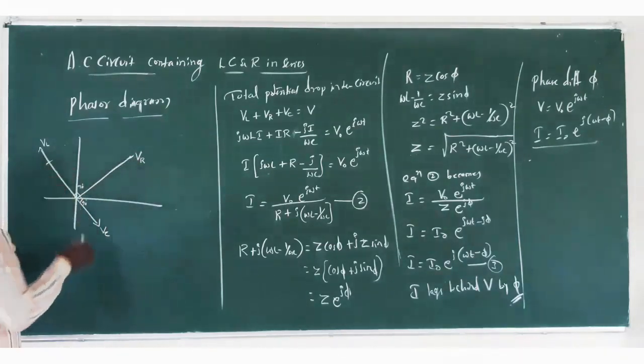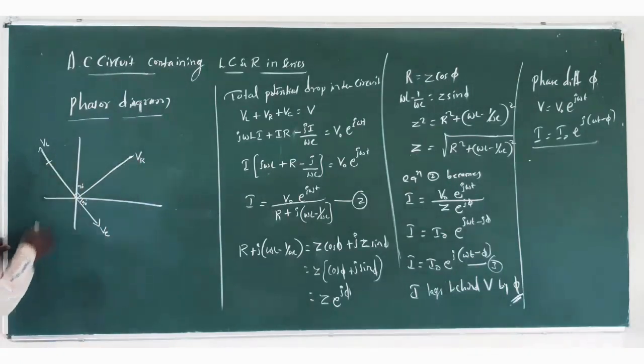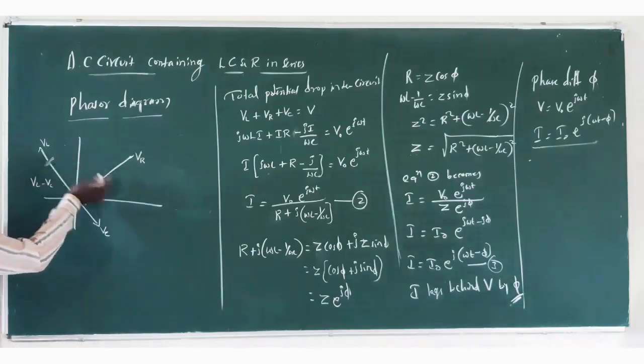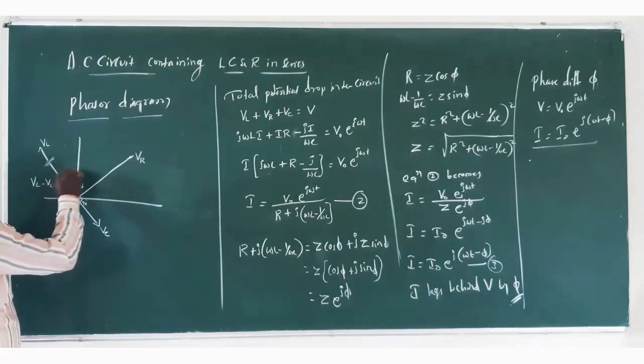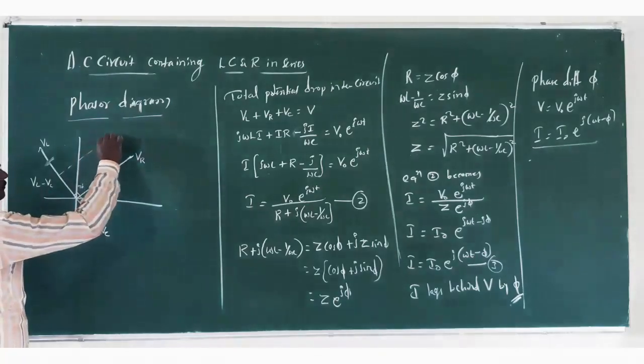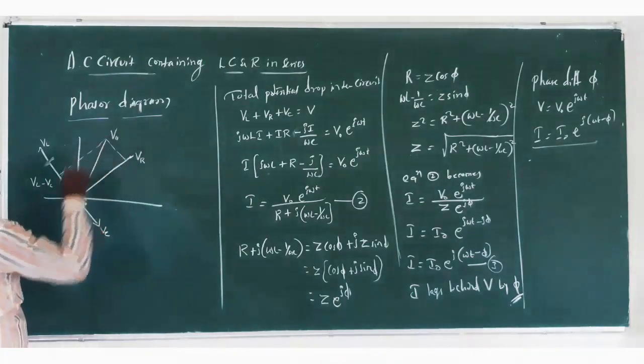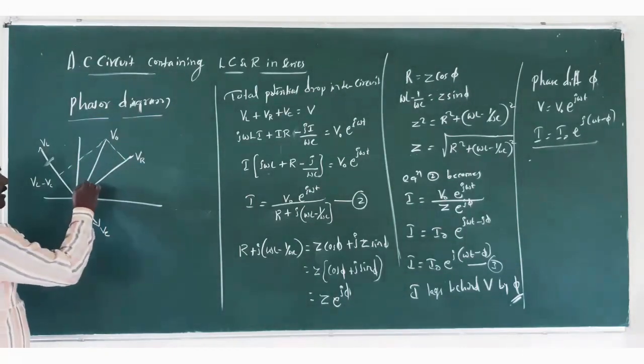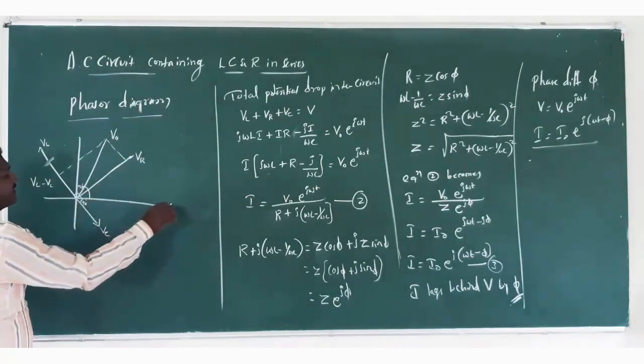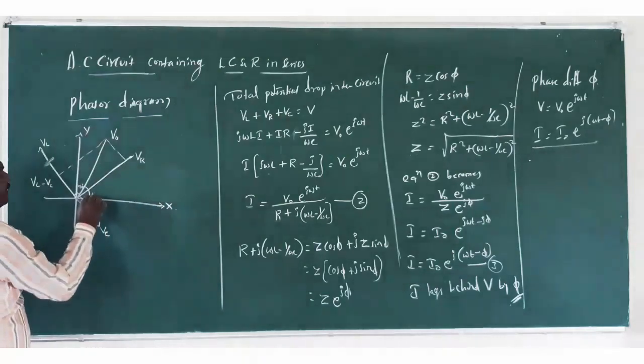Here it is an inductive circuit, therefore we are going to get a value that is VL minus VC, and the resultant voltage of these three can be represented by V naught, the peak value of voltage, and the angle between V naught and the x axis we took as omega t.